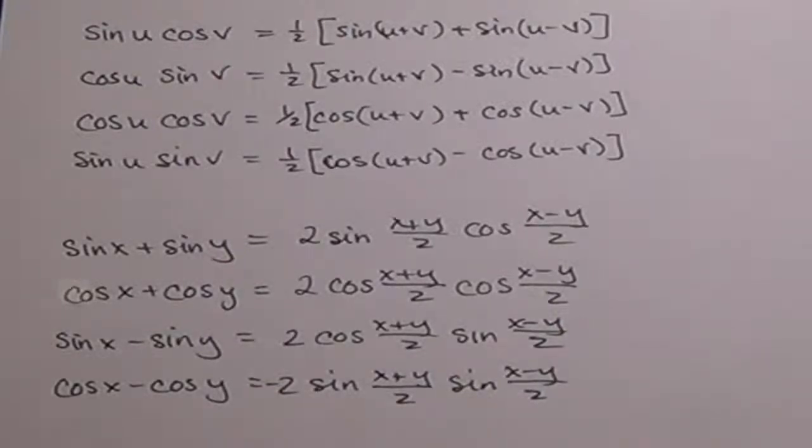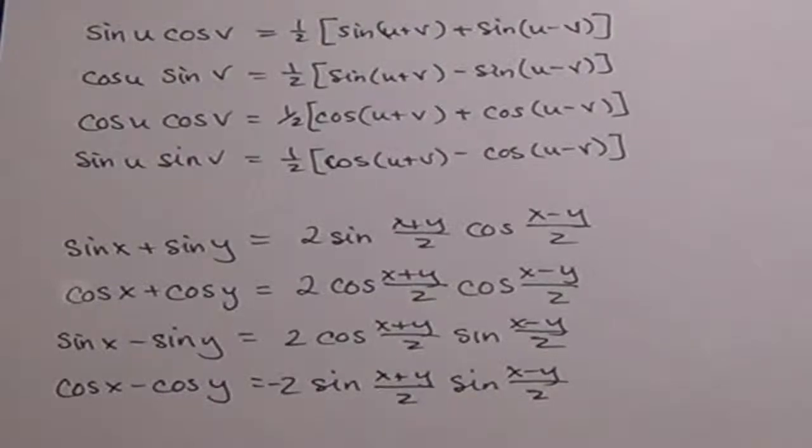Okay, these formulas are reversible. The first four are the exact reverse of the second four. It's just not as clear because they're written kind of differently. But these formulas do go together.